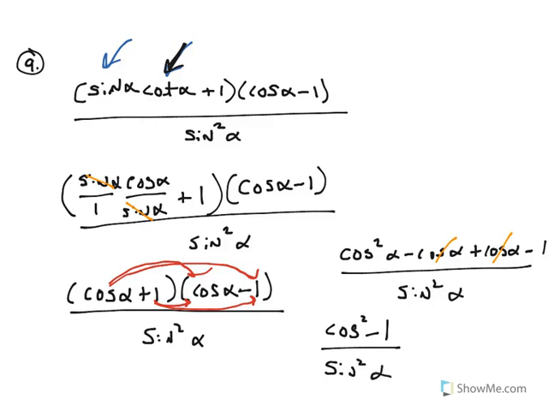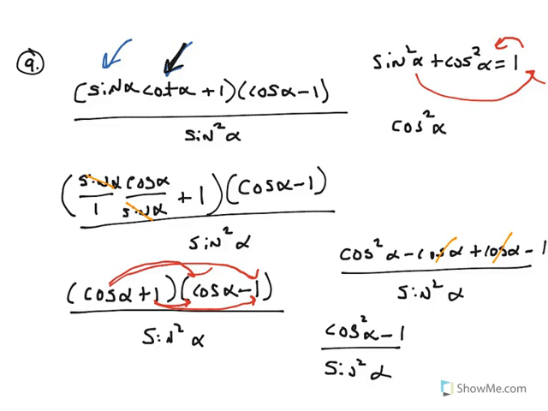Cosine squared needs an angle in there. So up top, cosine of alpha squared minus 1 all over sine of alpha squared. The numerator has the parts and pieces of the Pythagorean identity. We know the Pythagorean identity, sine squared plus cosine squared is 1. So if we subtract the 1 to this side and bring the sine to this side, it reads cosine squared minus 1 must equal negative sine squared.